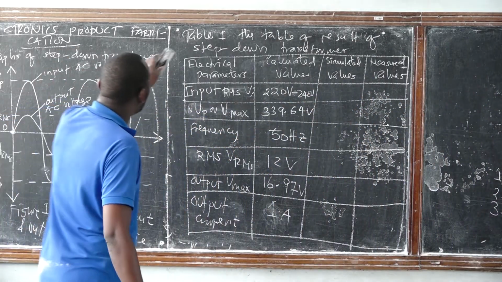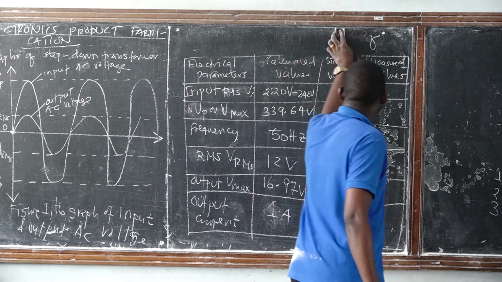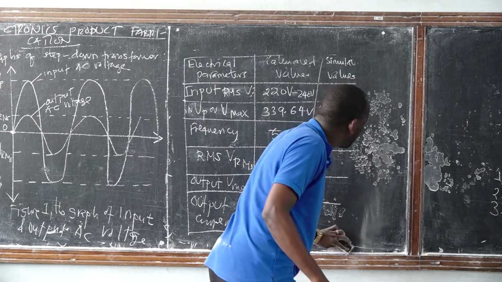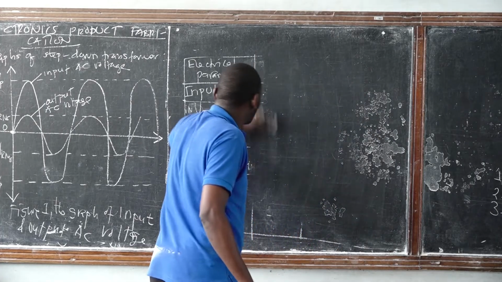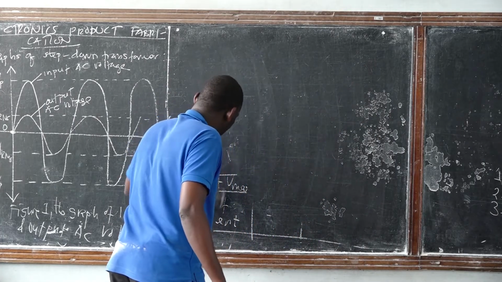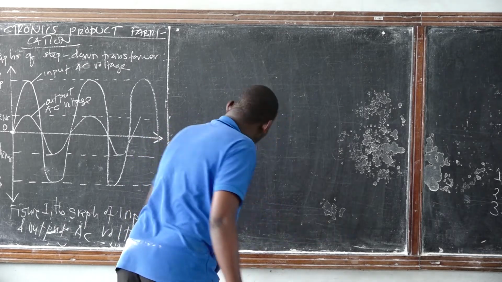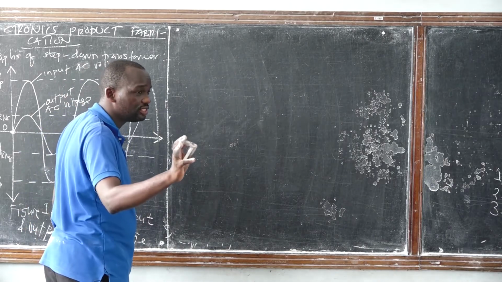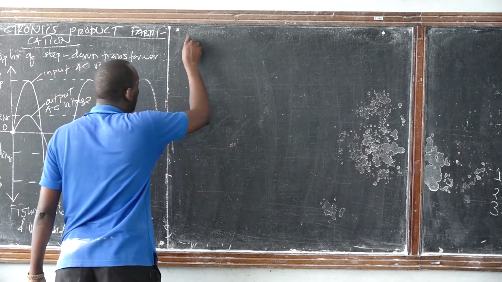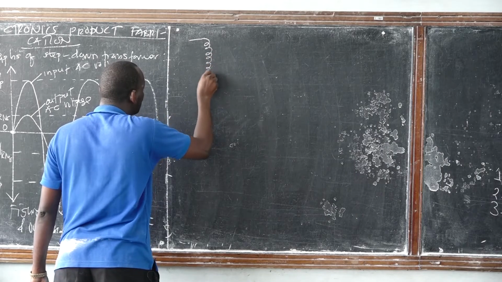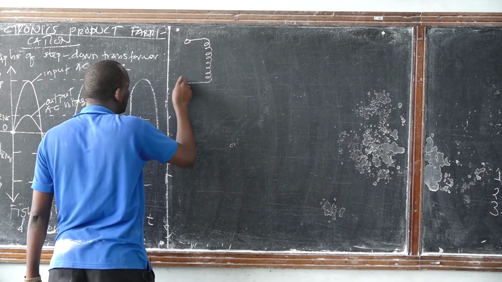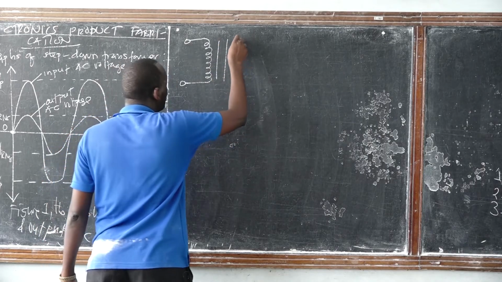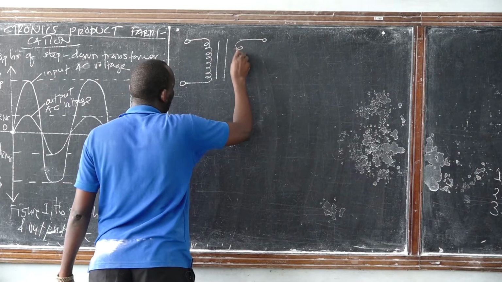So the last concept for this part is theoretical descriptions about center tapped and non-center tapped transformer. Stop writing. The schematic symbol, we just have to listen and watch. The symbol of the non-center tapped transformer is this one, if you do remember.